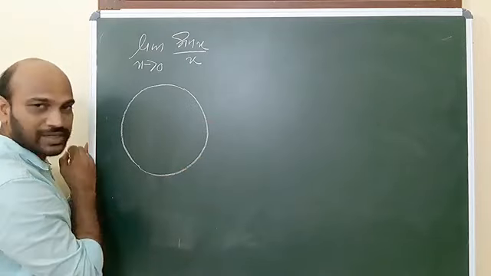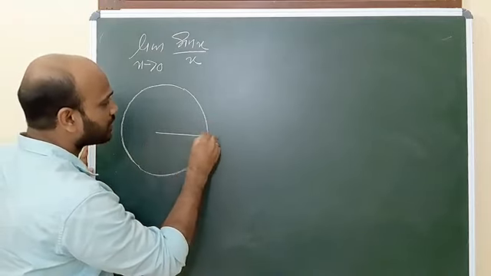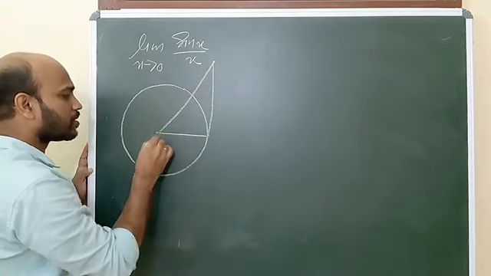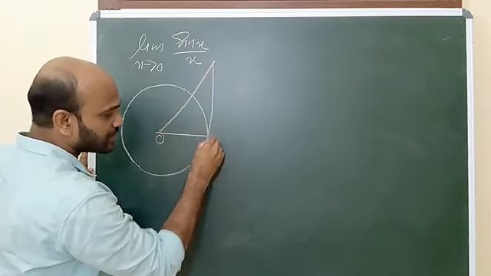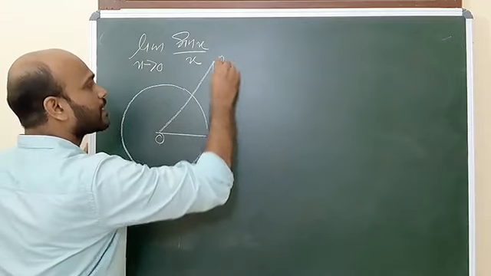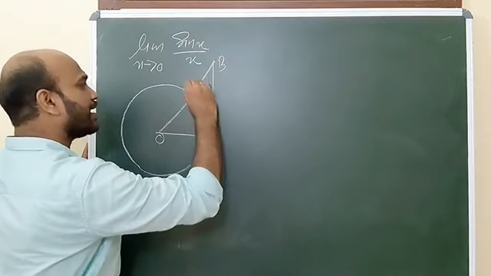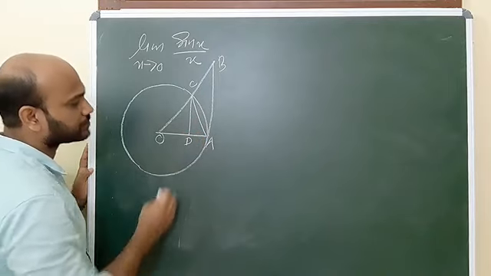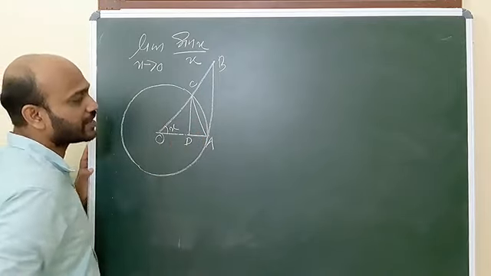So consider one circle. This is the radius. You can see one triangle OAB, and join AC. This is perpendicular to OA. This angle is x radian.